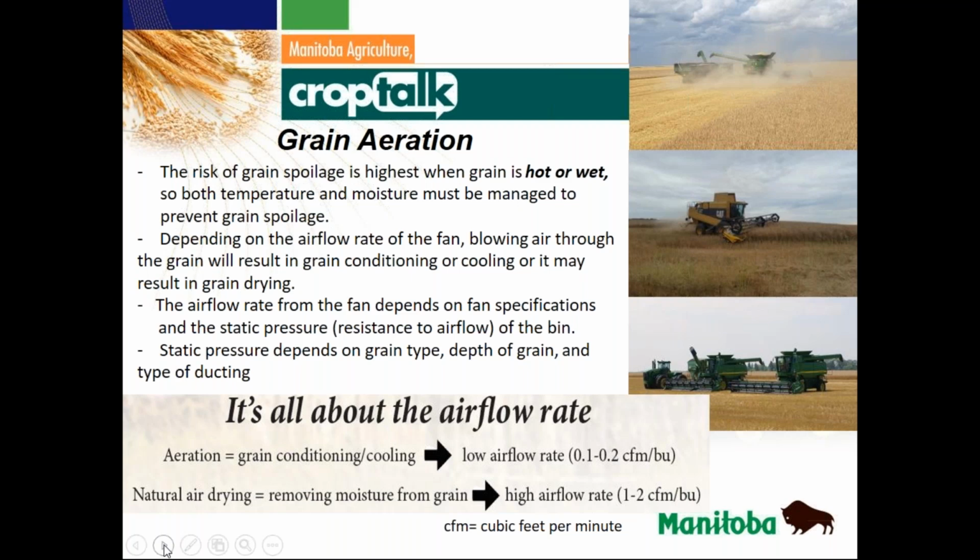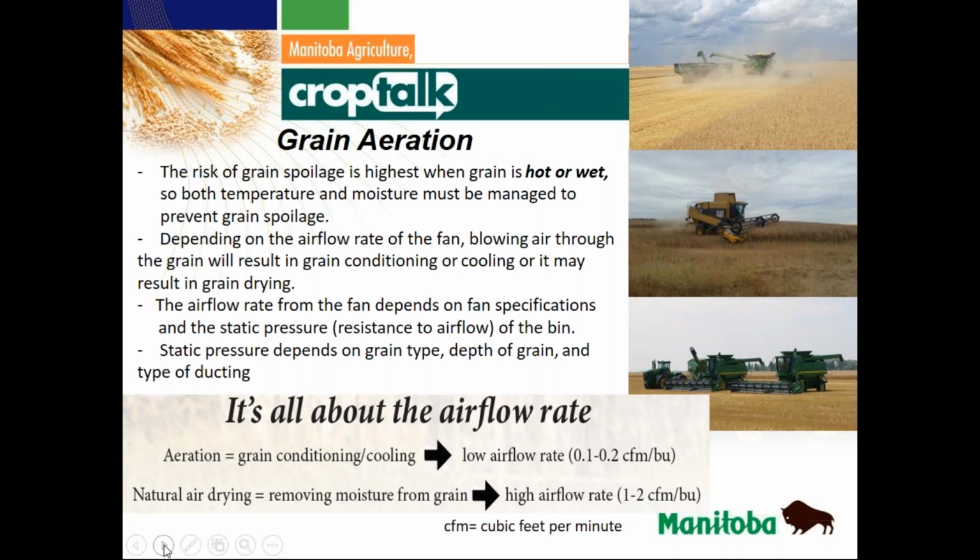You can keep the grain or cool the grain. In those conditions, you need a low airflow rate, anywhere from 0.1 to 0.2 cubic feet per minute per bushel, and you will have a fan that is strong enough to keep the grain and help you manage it over a certain period of time.